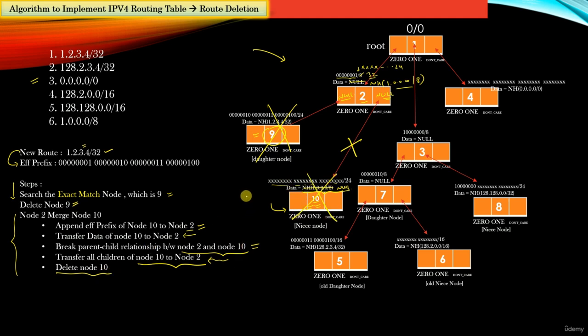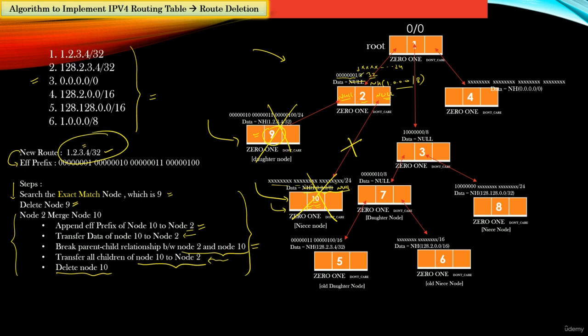It will take you two to three rounds of practice to actually exercise this route deletion algorithm. So don't worry, we are going to delete all these routes one by one from this M-trie data structure. Now you must be eager to see what the final M-trie data structure looks like when the route 1.2.3.4 has been deleted. You can see that deletion of a route from the M-trie results in the deletion of two nodes, in this case node number 9 and node number 10.